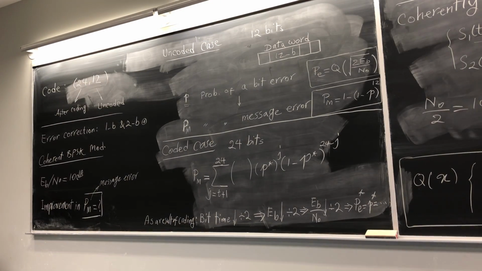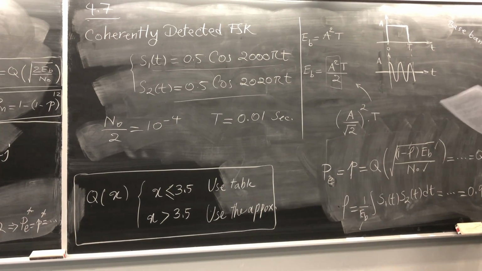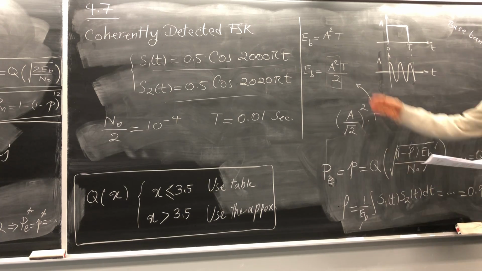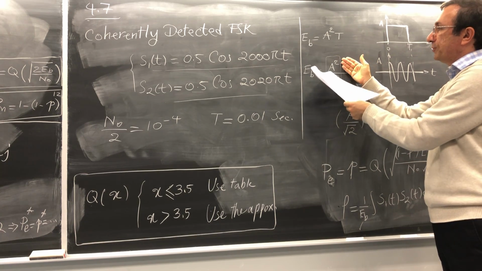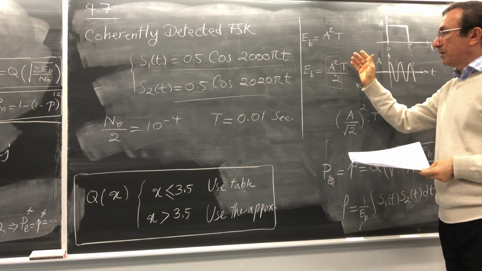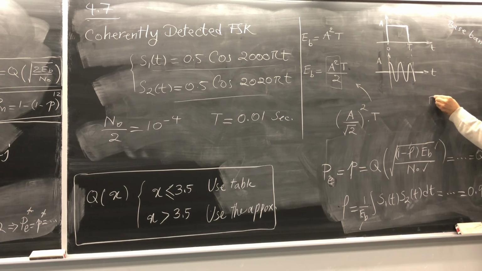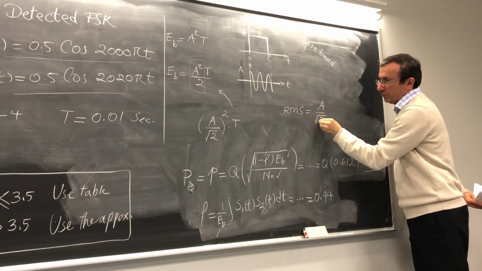Well, basically, you have to take the integral. Right. But if you take the integral of a cosine function squared over one period, you're gonna come up with the peak amplitude squared over 2. No, sorry, the RMS, I'm talking about the RMS. The RMS would be the peak amplitude over square root of 2.